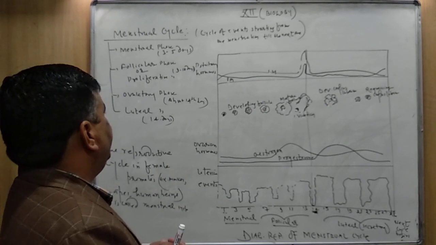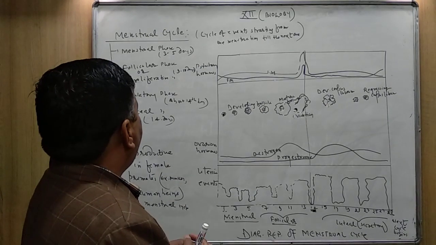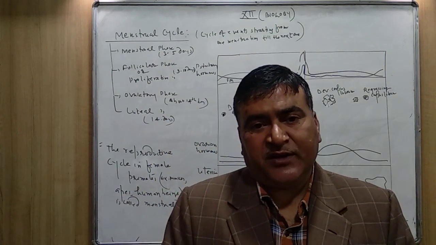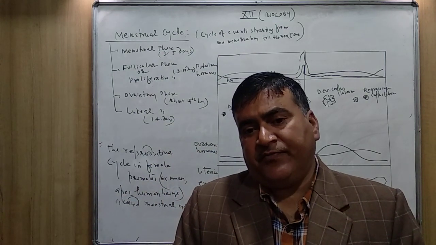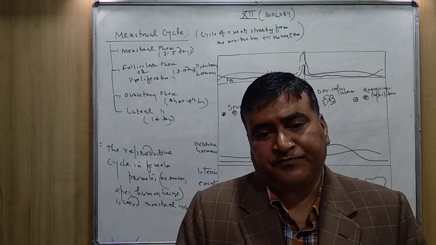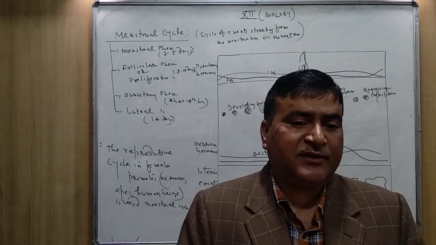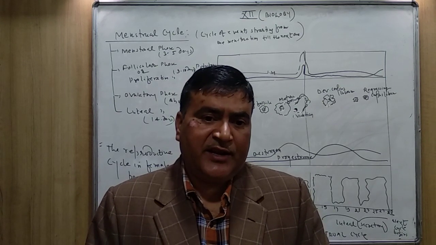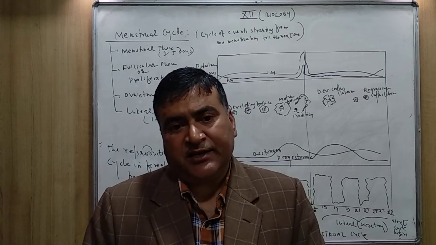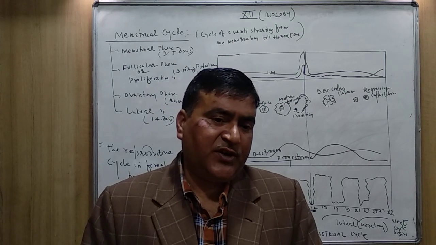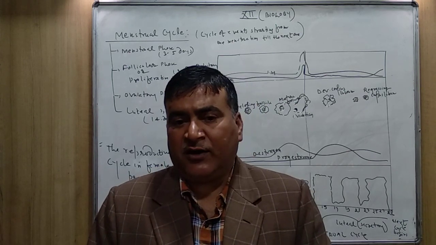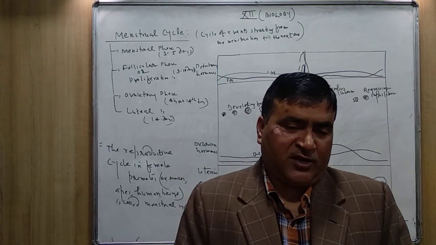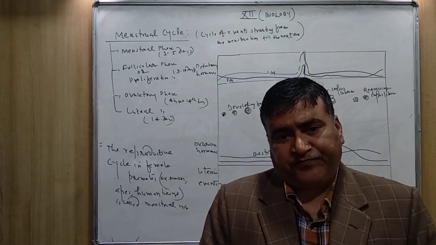It has mainly 4 steps: menstrual phase, follicular phase, ovulatory phase and secretory phase. The menstrual phase lasts for 3 to 5 days, in which the blood vessels or endometrial linings are ruptured, they are sloughed off, and they come outside through the vagina in the form of blood. It generally occurs for 3 to 5 days.